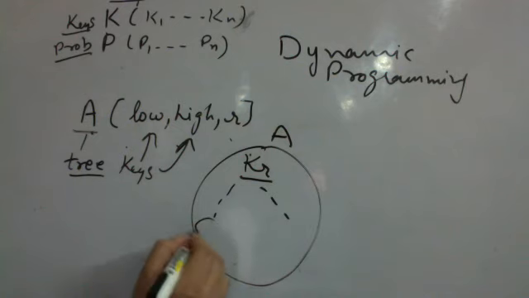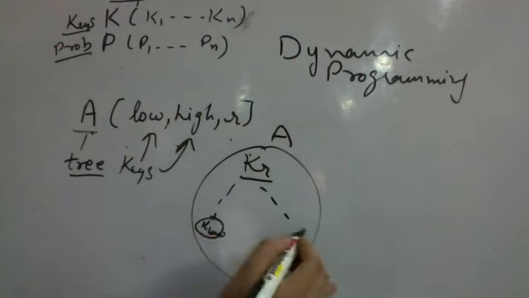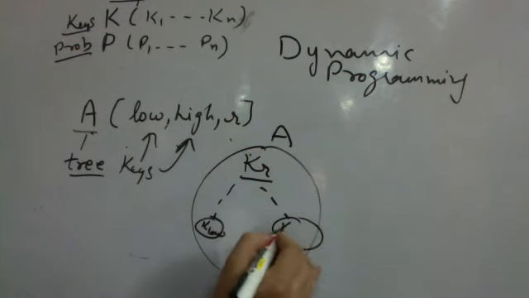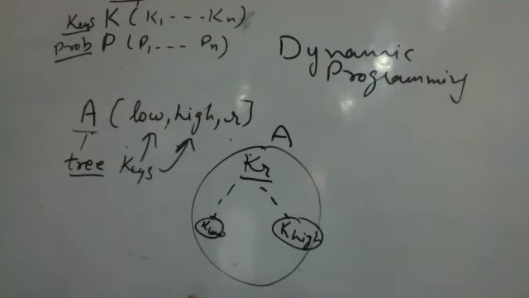The leftmost element in the binary search tree is key low, and the rightmost element is key high. So the keys running in this tree are from low to high. Since it's a binary search tree, the leftmost key is the minimum, the rightmost key is the maximum. So this subtree is a tree from low to high, in which R is the root.